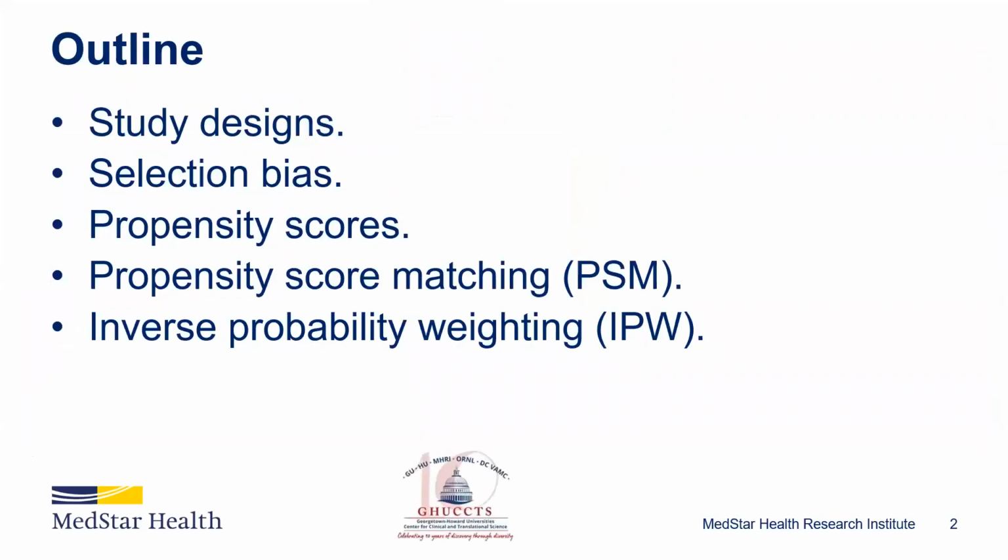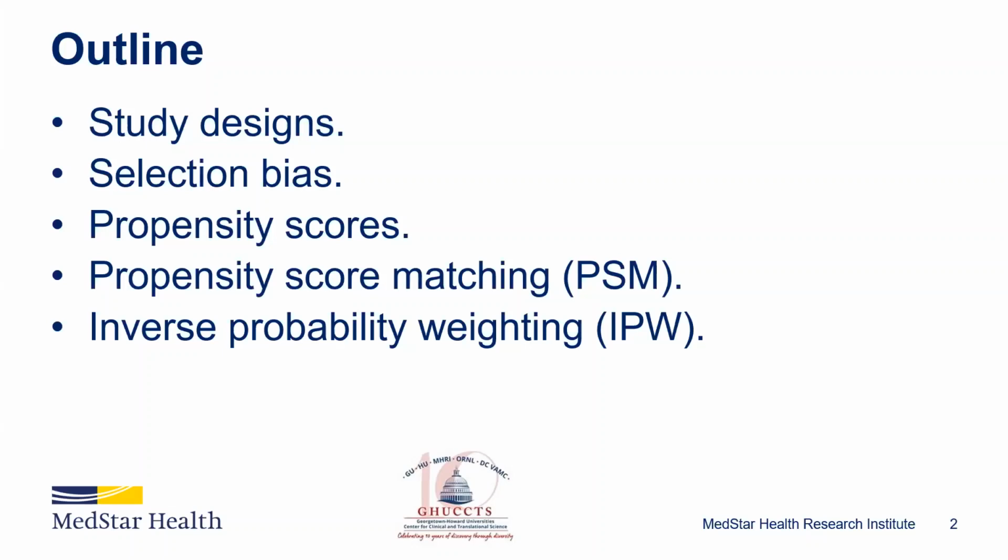Okay, so I'll talk a little bit about study designs, and then of course in observational studies the main problem is selection bias. Then we're going to look at propensity scores, how they're calculated, what they mean, and then I'm going to use two studies to illustrate.